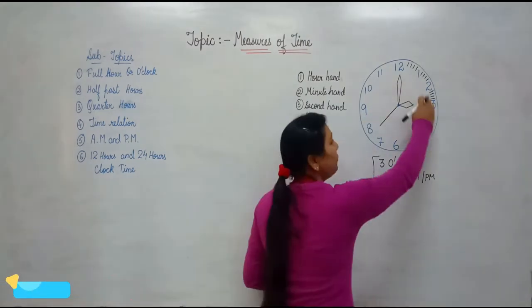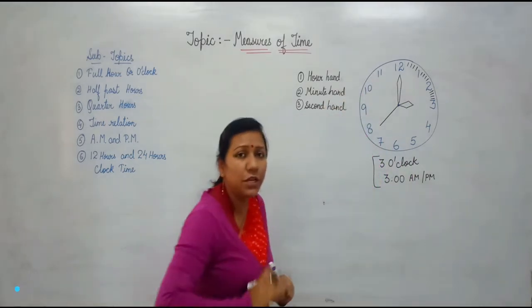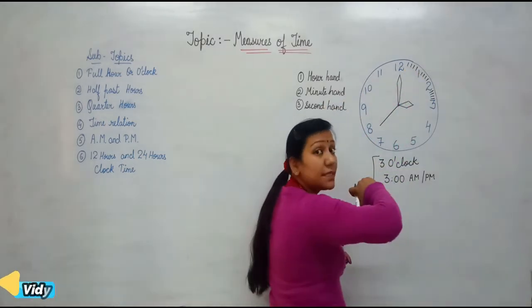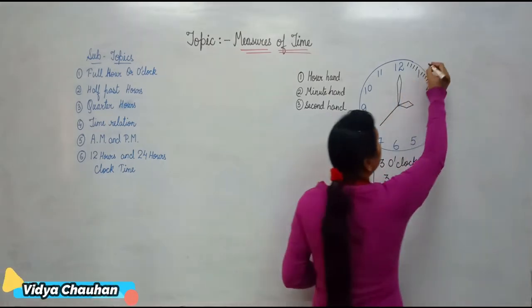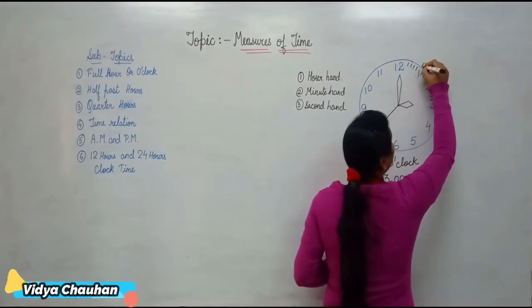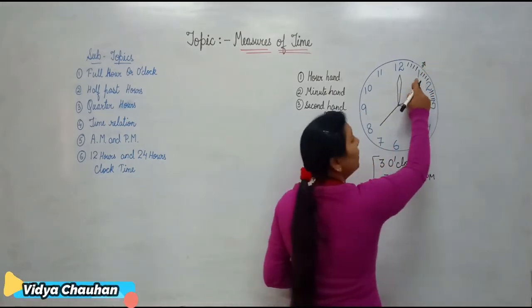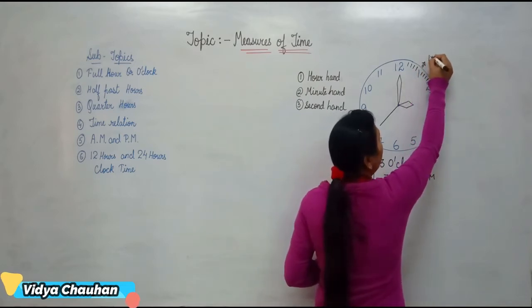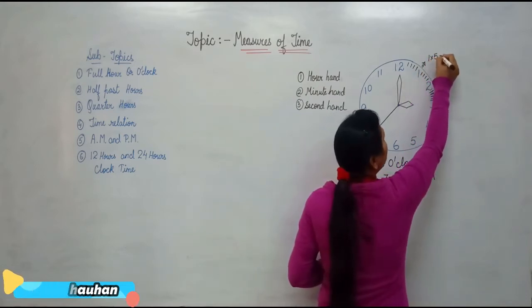As I have told you, there are 12 divisions in the clock, and every division is subdivided into 5 subdivisions, right? So how do we get the value of each hand? Here, you have to read the table of 5.